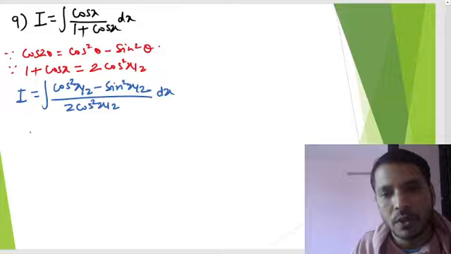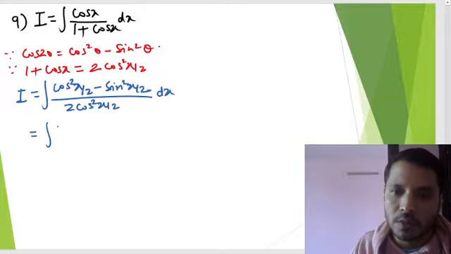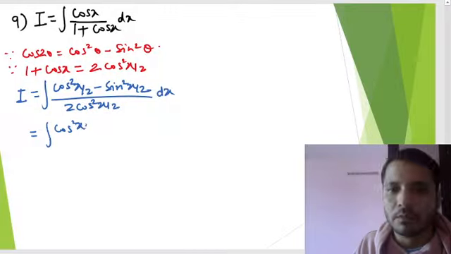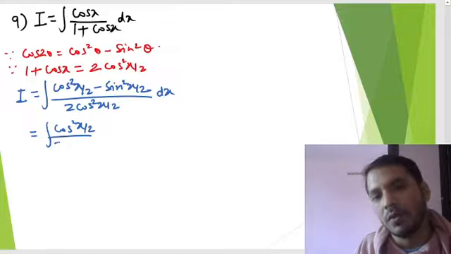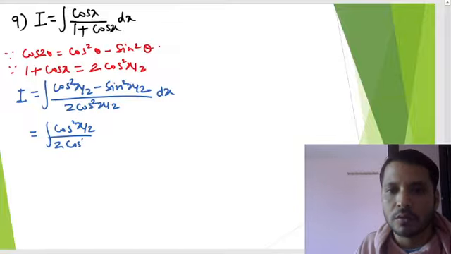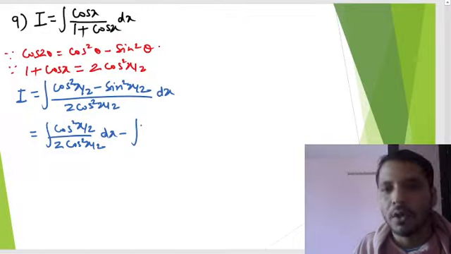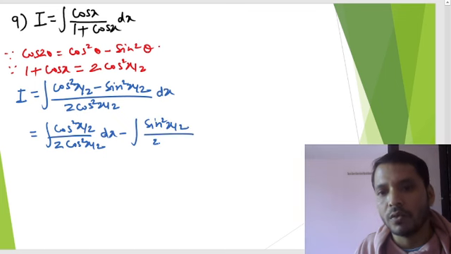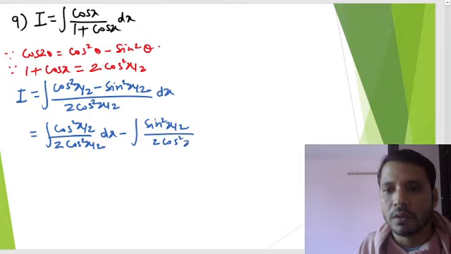Now separately we are going to divide both the terms, means cos square x by 2 divided by 2 cos square x by 2 into dx minus sin square x by 2 divided by 2 cos square x by 2 into dx, right?